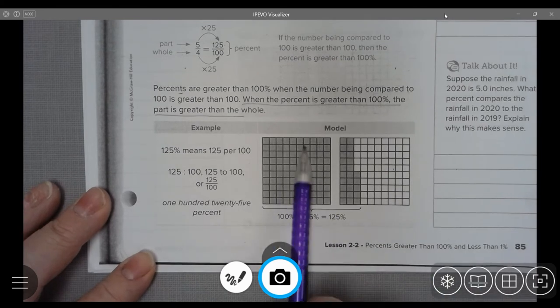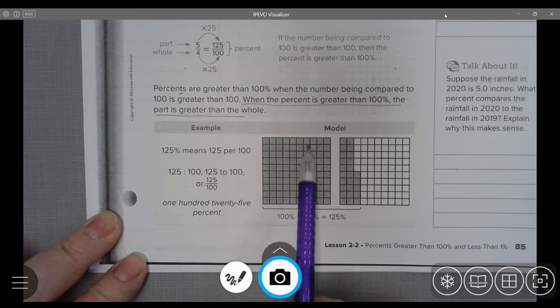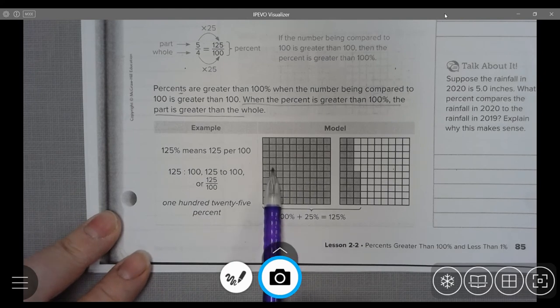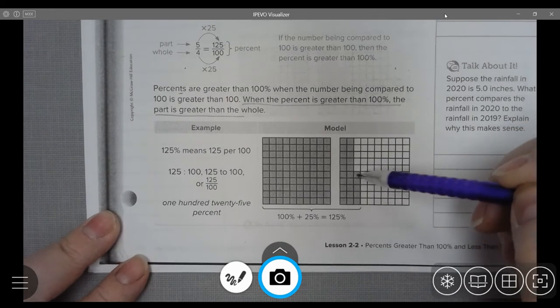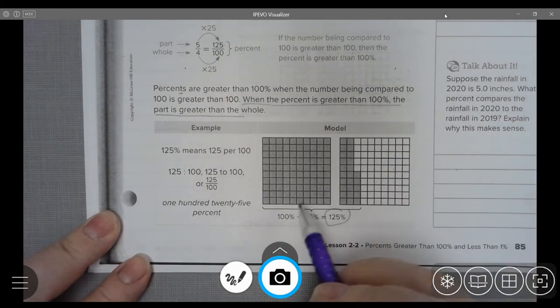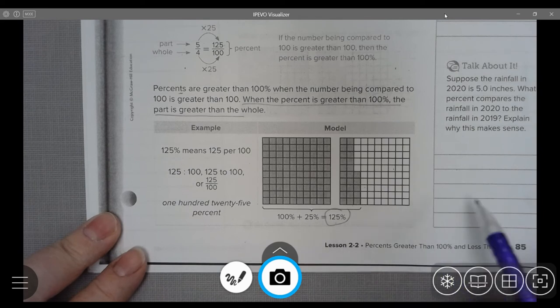We have 100%. So we have the 10 by 10 grid. We have 100 squares filled in. And then we need to add 10, 20, 25. So we would use both of these 10 by 10 grids to show the 125%.